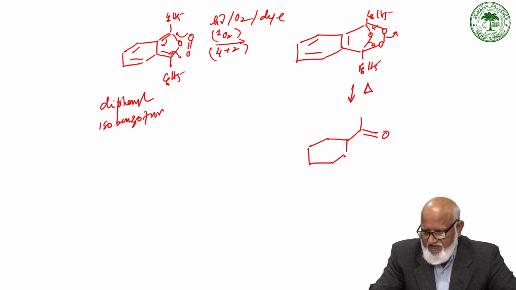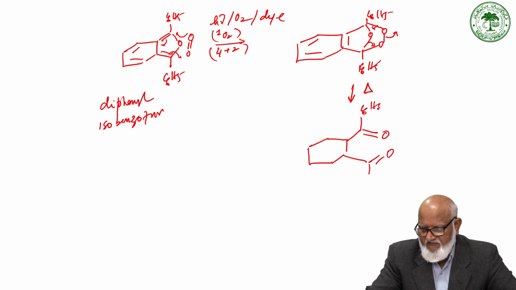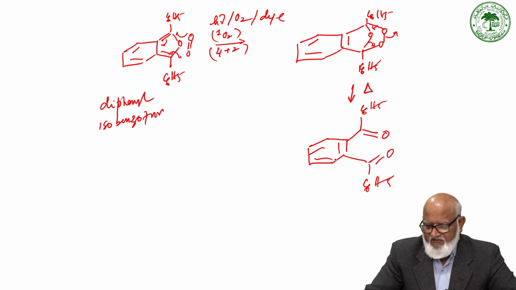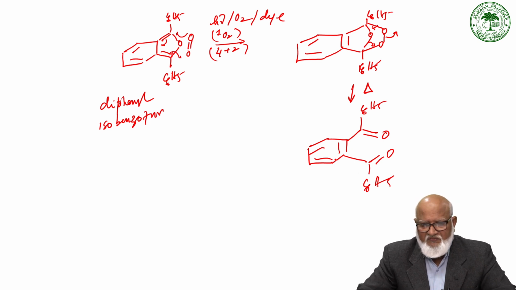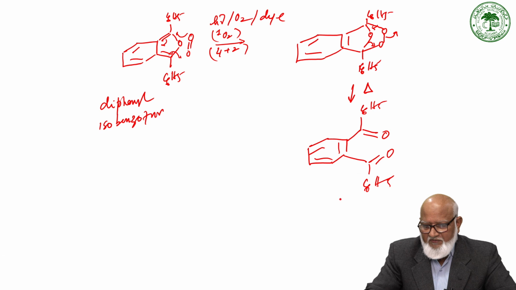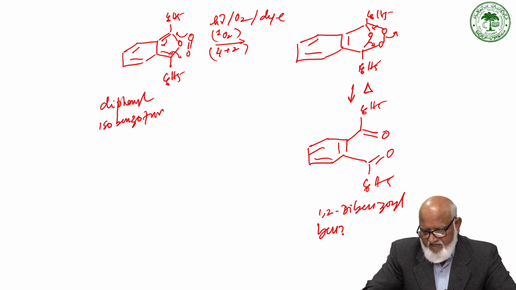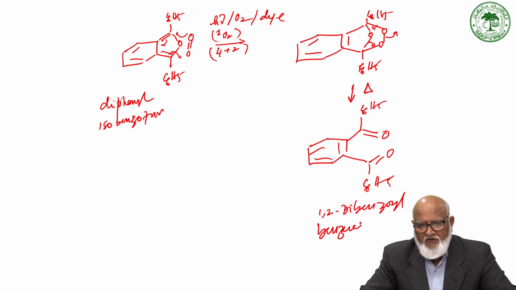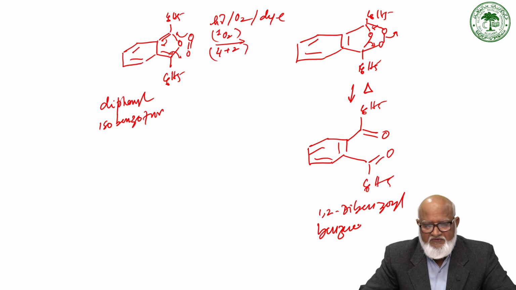So we get two carbonyls with C6H5, C6H5. So 1,2-dibenzoyl benzene is formed from the isobenzofuran on reaction with singlet oxygen.